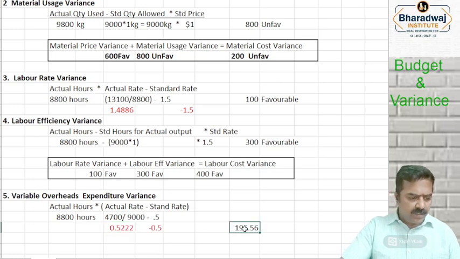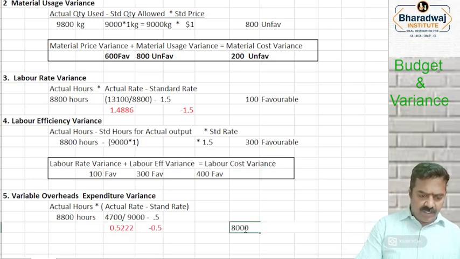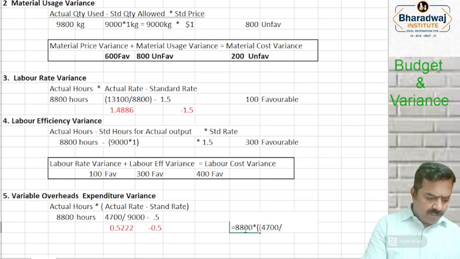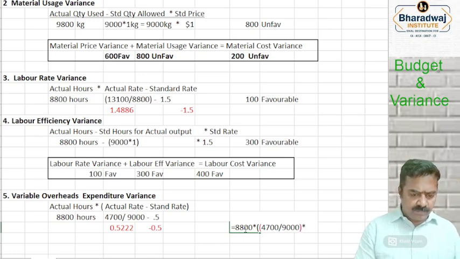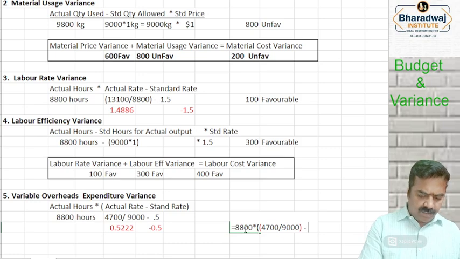Or better to put 8,800, because avoiding fractions, 8,800 into 4,700 by 9,000 minus 0.5.